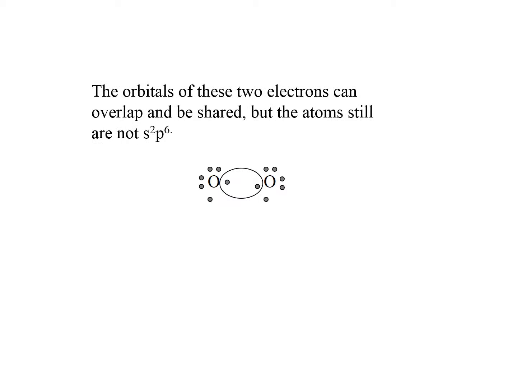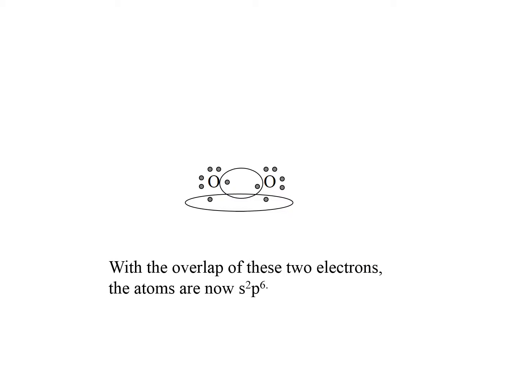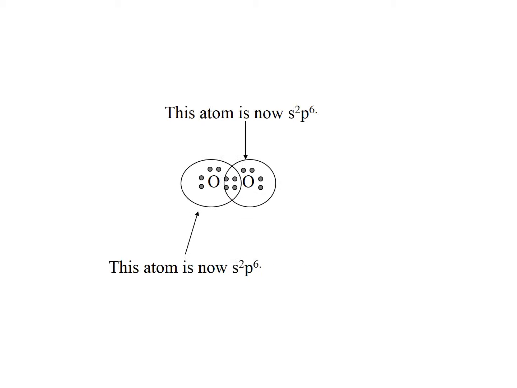And then here are two oxygens. They can overlap with these two, but they also can overlap with another. If they just overlap one pair, they're not going to have stability because they're going to be s2p5. So they have to share two pairs, and that gives them a double bond, and they both then have s2p6 stability.